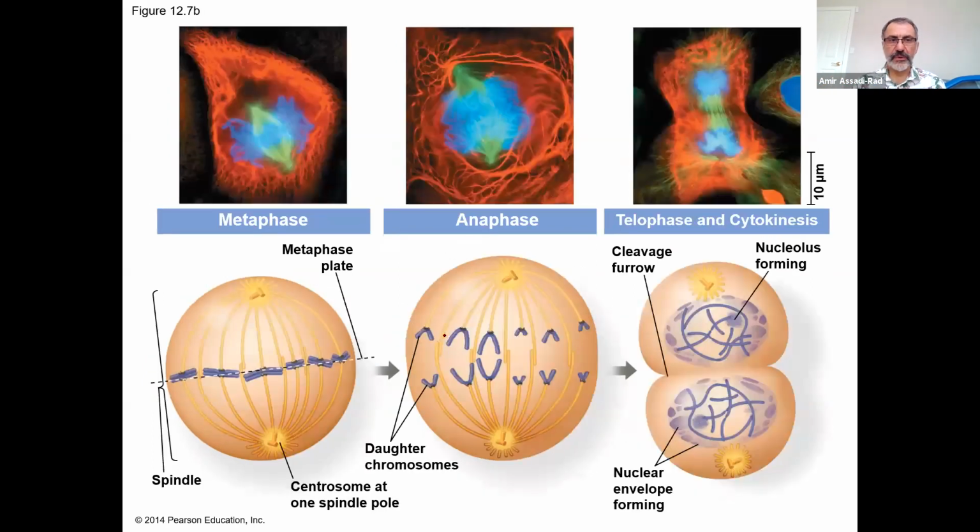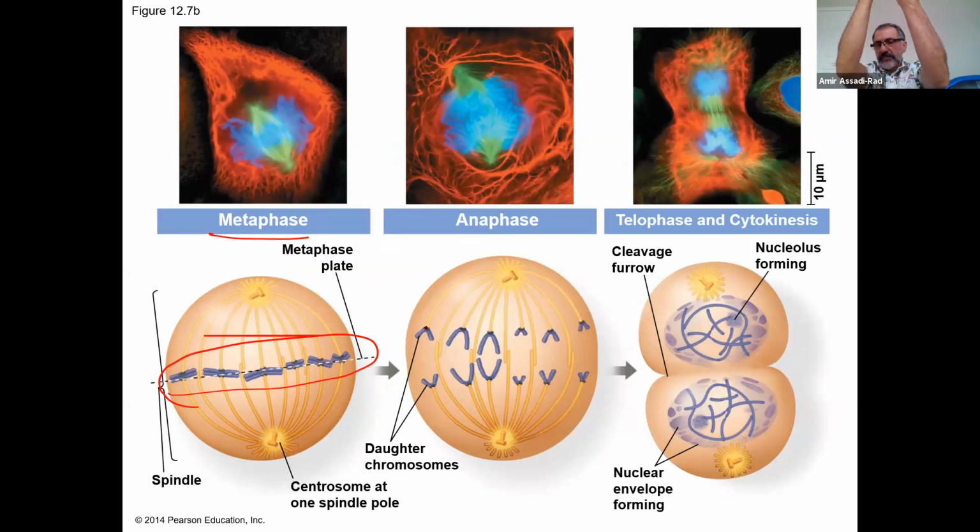When the chromosomes are lined up in the middle of the cell, they call it metaphase. When the sister chromatids separate, imagine each of my arms is a chromosome, they are connected at the centromere right here, and they separate. During what phase? Anaphase. During anaphase, they do separate.